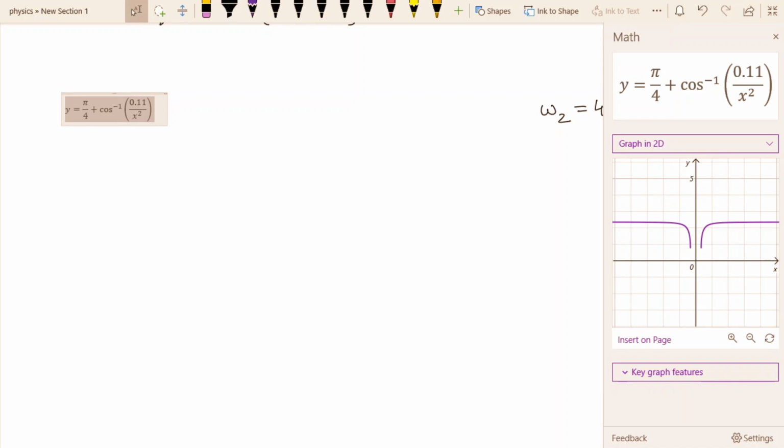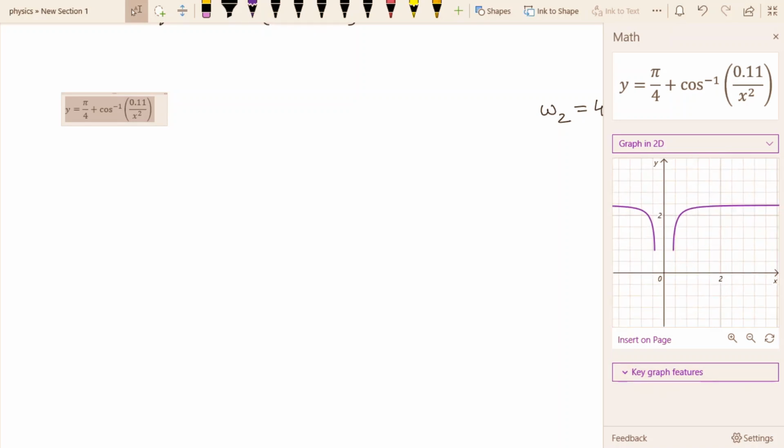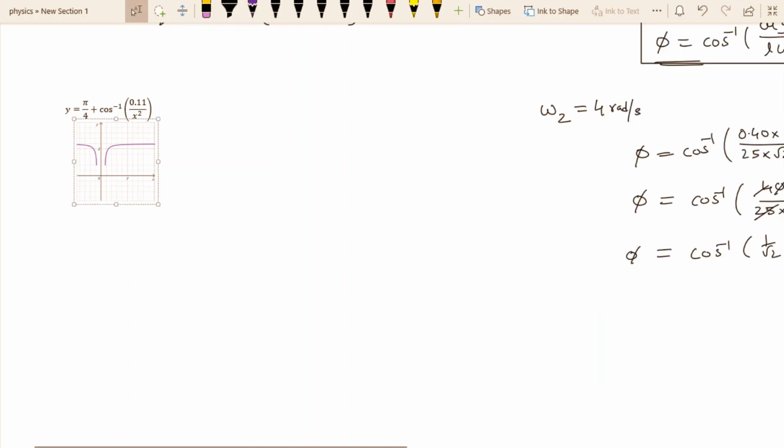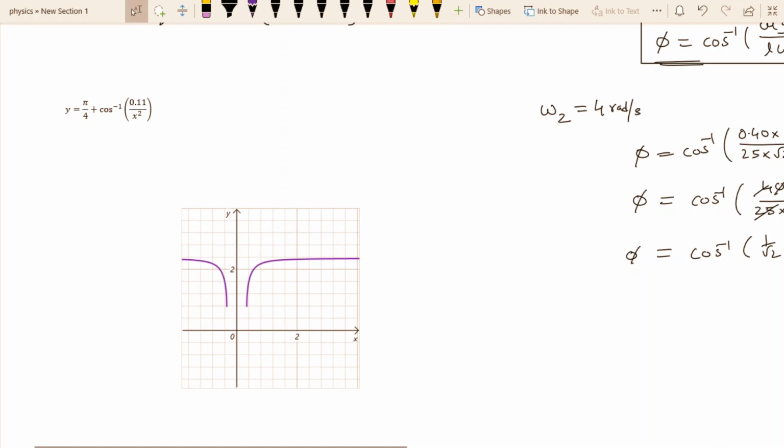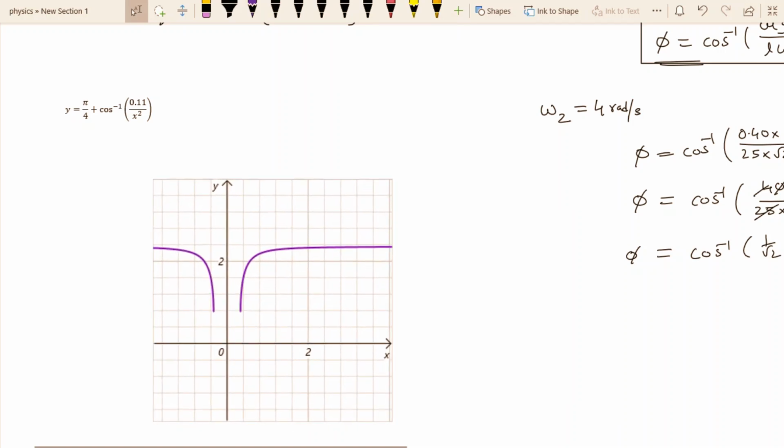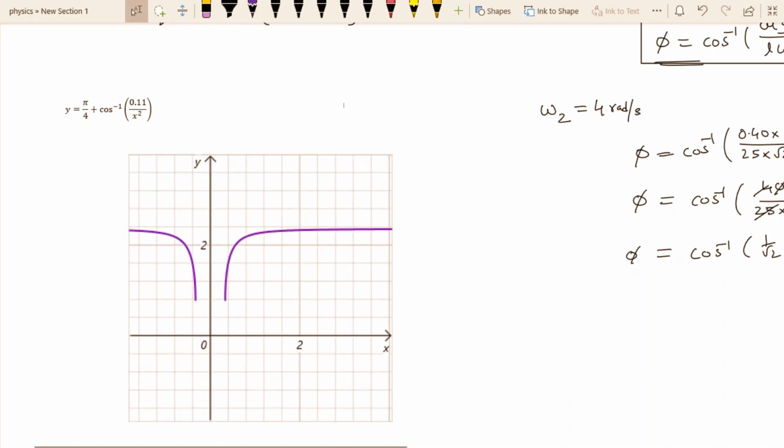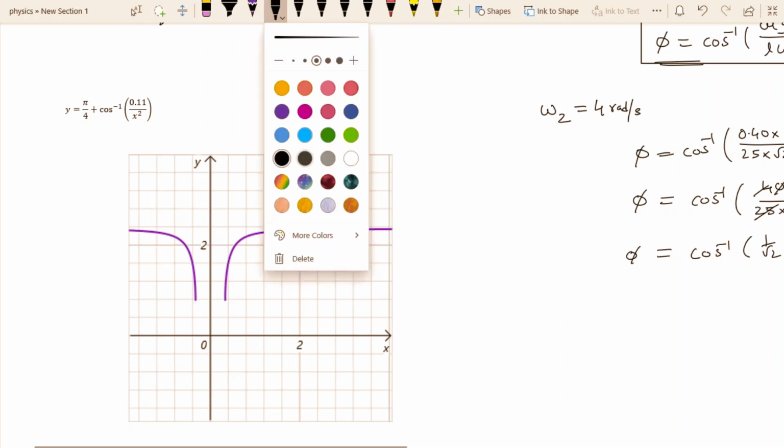So this is the graph, and see how the angle between the disks will change. Ignore these y and x values.